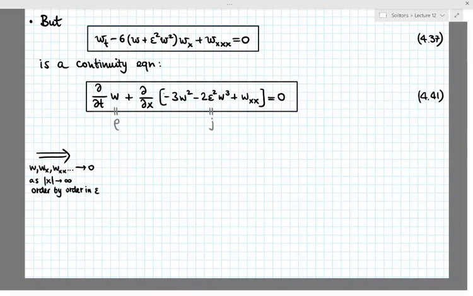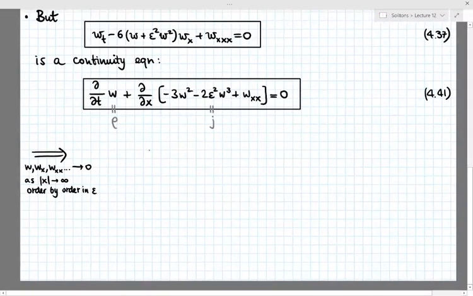So not only do we have the continuity equation, but we also obey the limiting condition, and therefore the charge Qtilde, which we define as the integral over space of the charge density rho, which is equal to W in this case, is conserved.